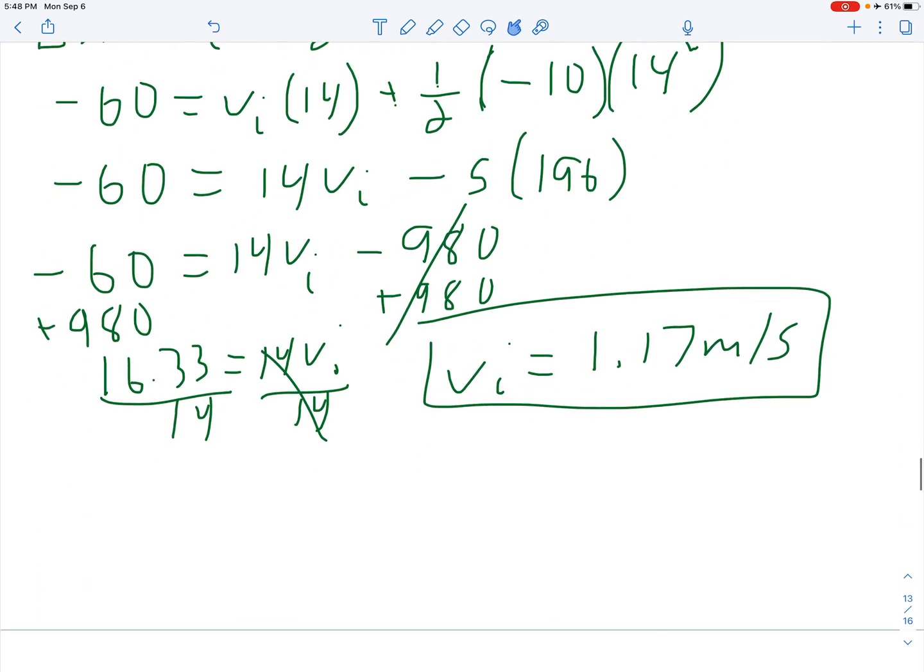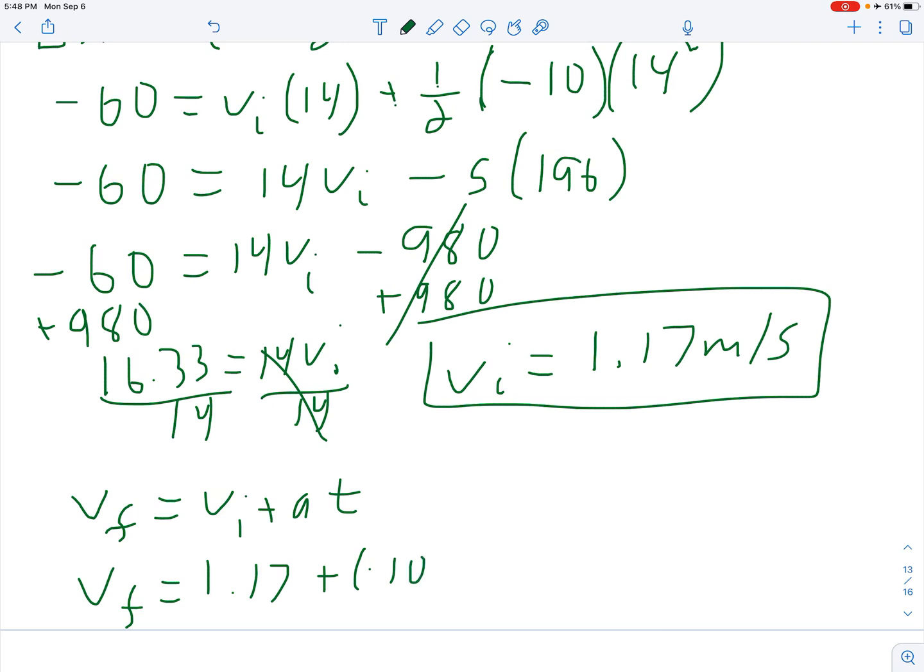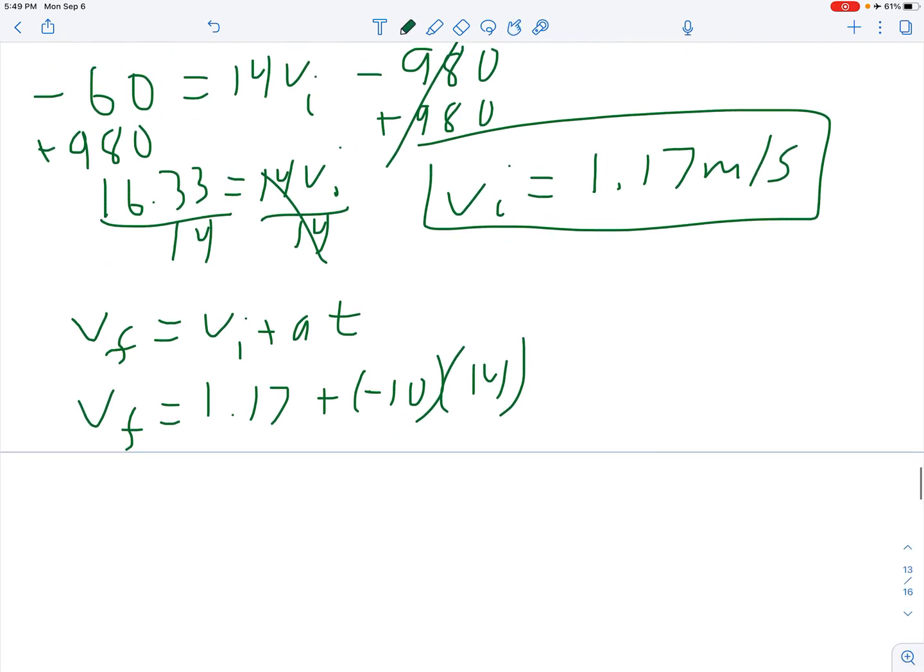So I can use a multitude of equations again. I'm going to use this one. So VF is 1.17 plus negative 10, and I know the time is 14 seconds. So VF would be 1.17 minus 140.